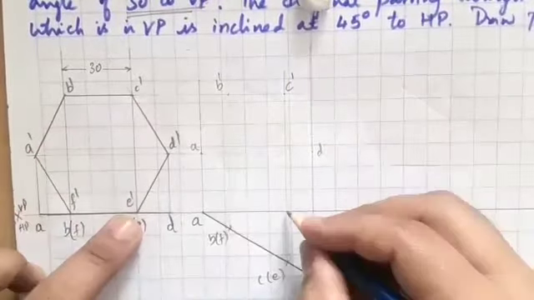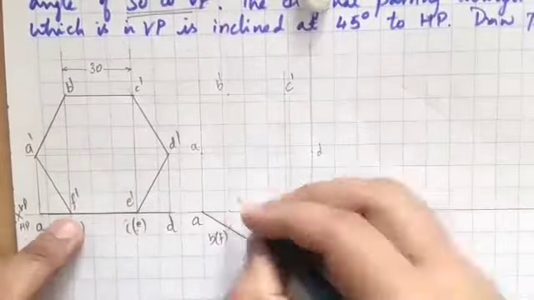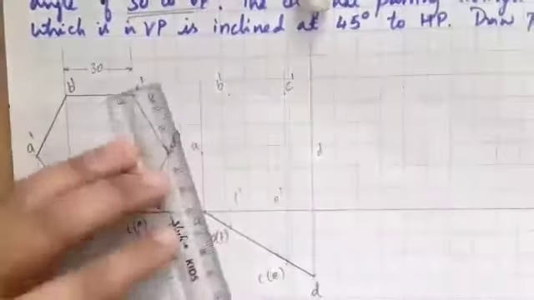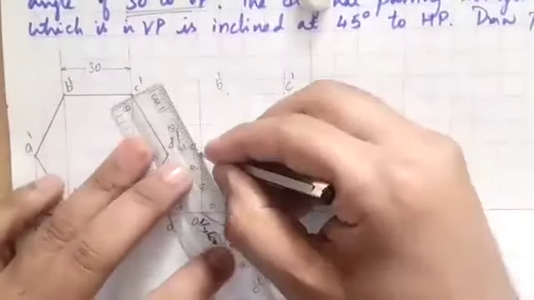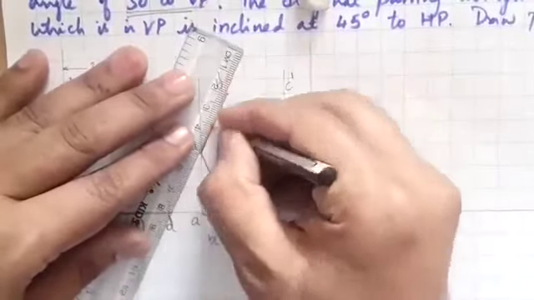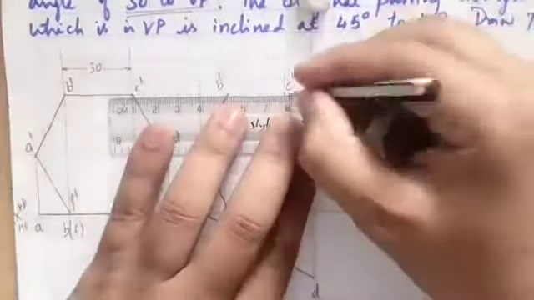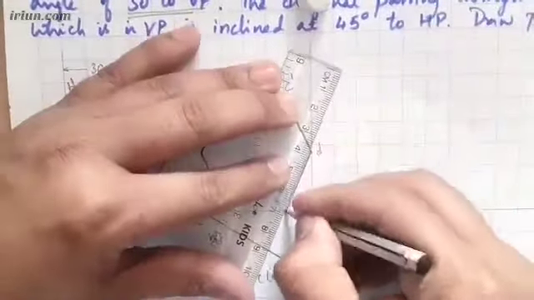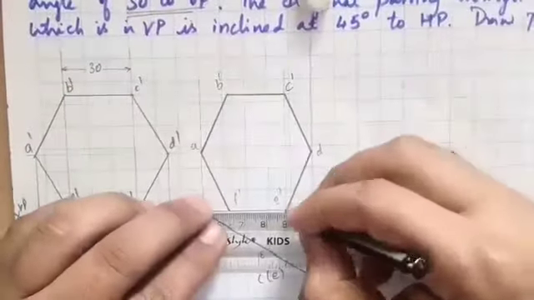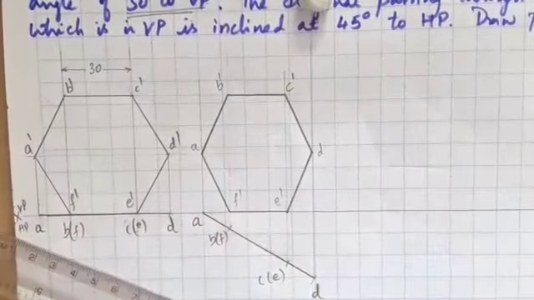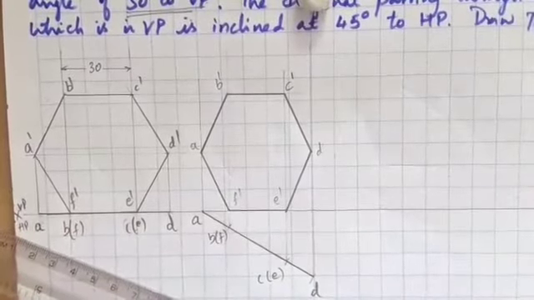And E and F are meeting here. This is F dash and E dash. So this is your apparent shape of the hexagonal lamina.